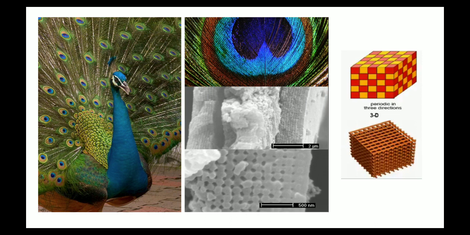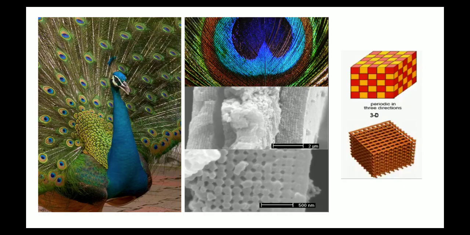So here you can see a three-dimensional photonic crystal is available, and because of that it has multiple colors. Each color has a different photonic crystal with different low refractive index and high refractive index thickness. So each color represents different thicknesses of low and high refractive index.